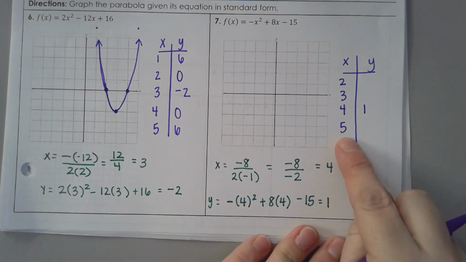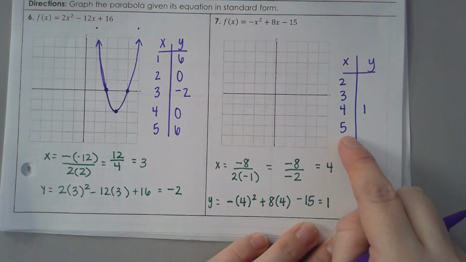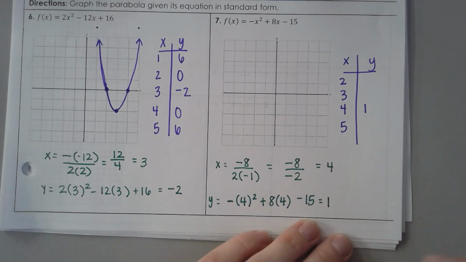Now I know that my graph stops at 5, so there's no point in me even writing 6 there.